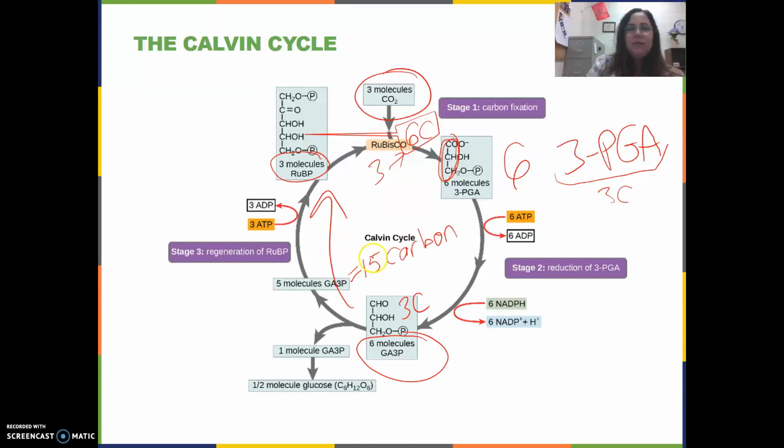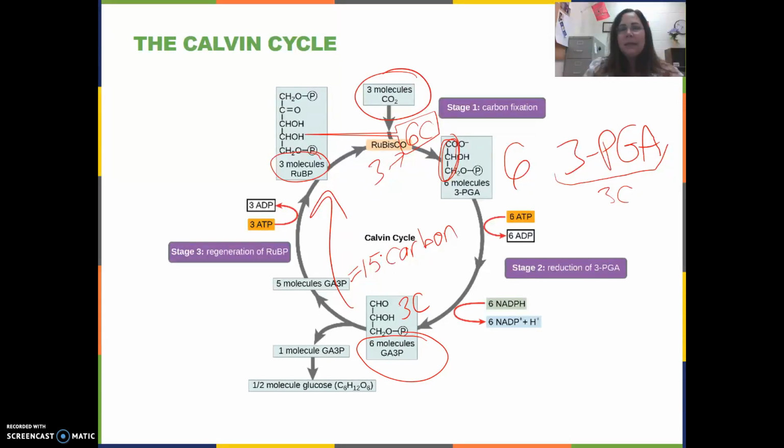So to get those 15, the smallest number of RUBP molecules that can be made is 3, because they have to be made in groups of 5 carbons each.